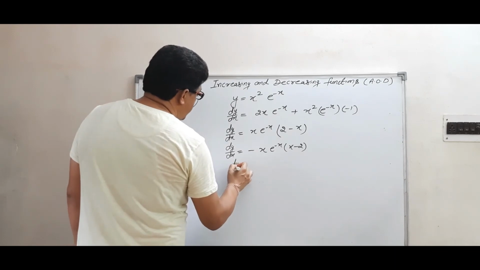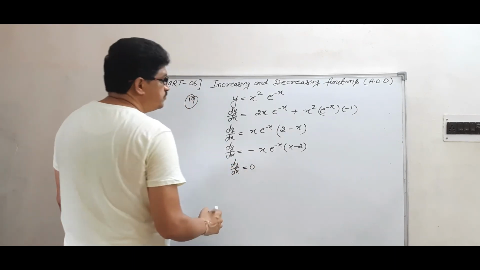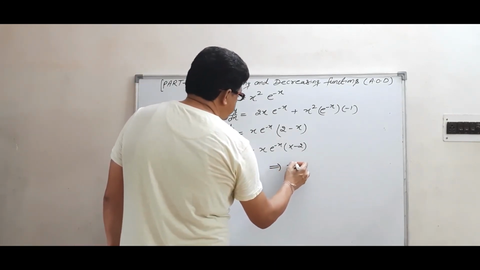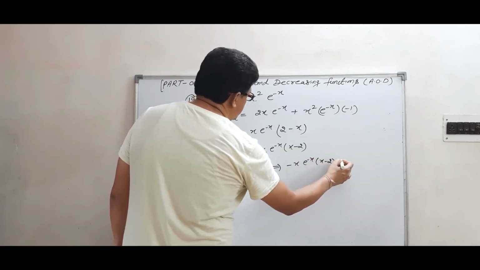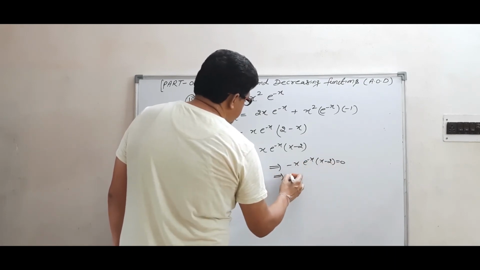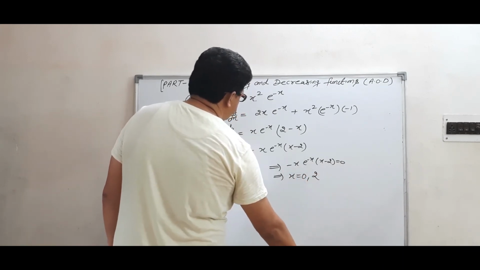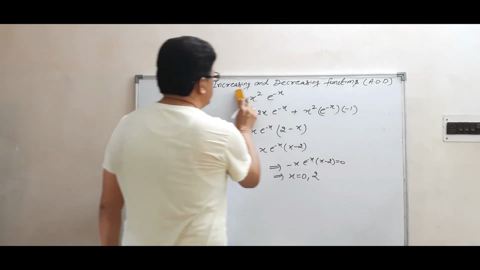So dy by dx is equal to 0. This implies minus x, e raised to minus x, x minus 2 equals 0, x is equal to 0 and 2. The value of x is 0 and 2.